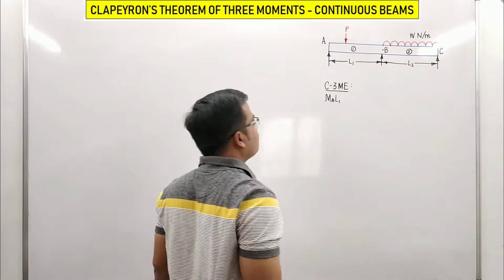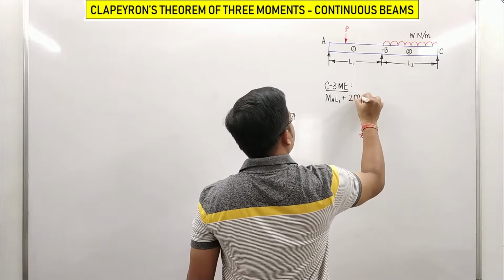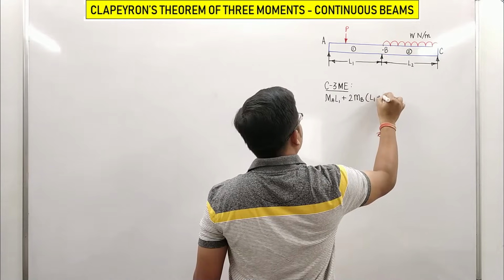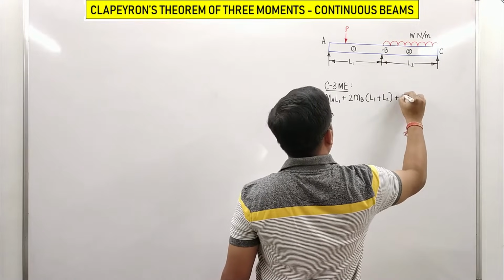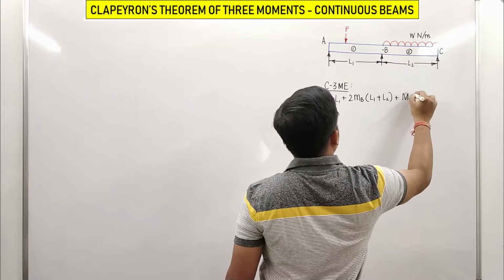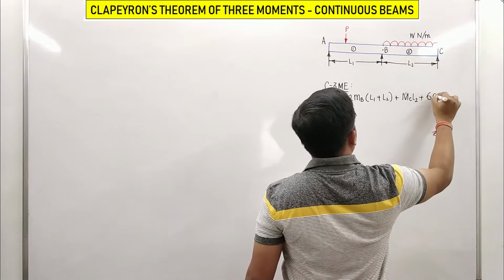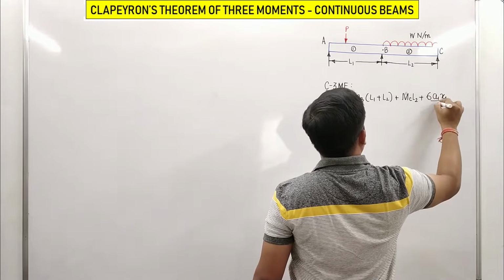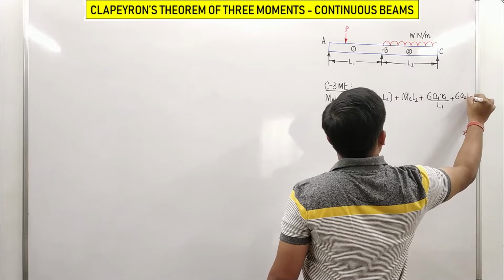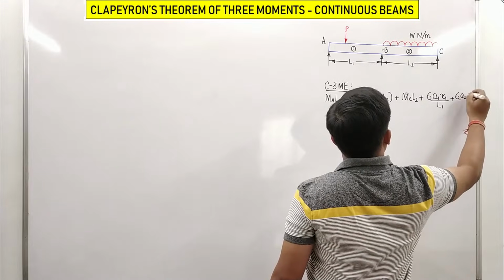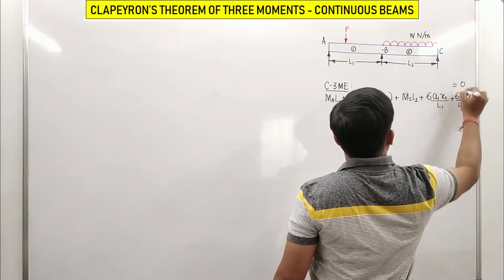So MA L1 plus 2 MB times (L1 plus L2) plus MC L2 plus 6 A1 X1 over L1 plus 6 A2 X2 over L2, and all of this is going to be equal to 0.